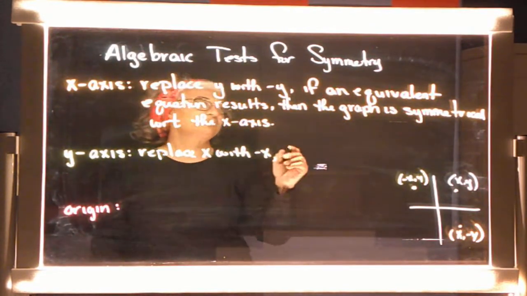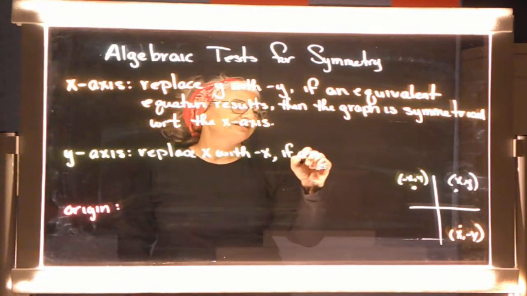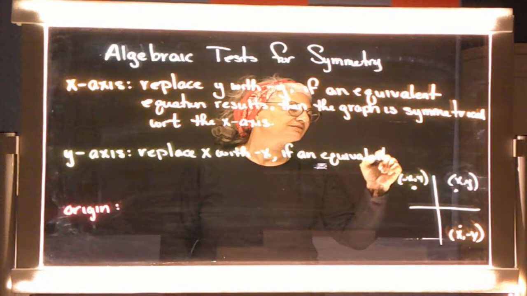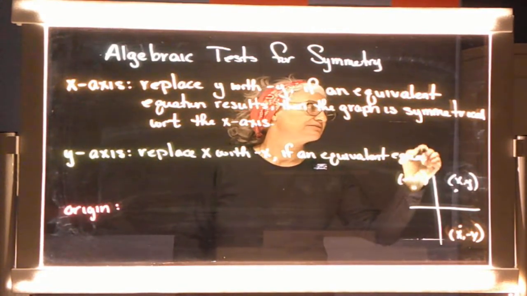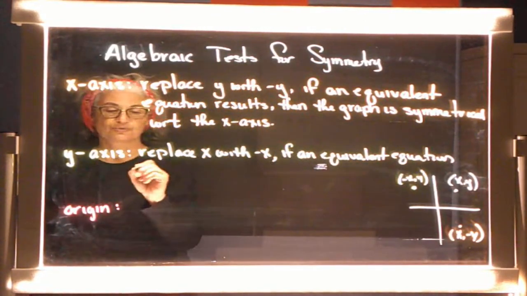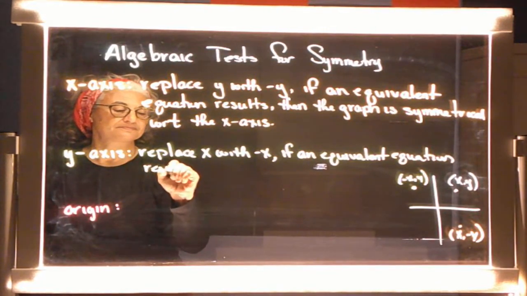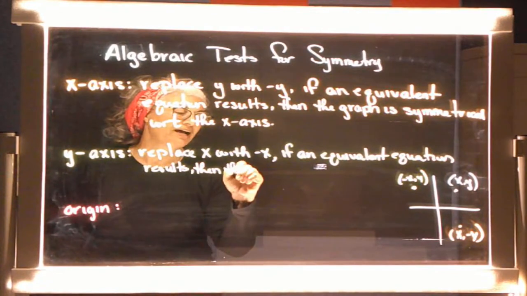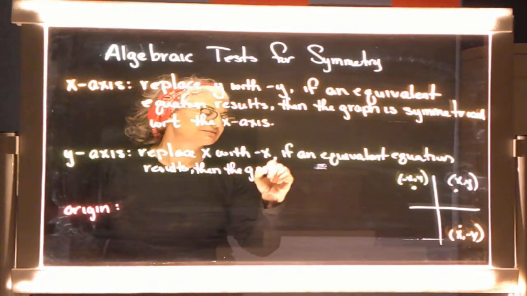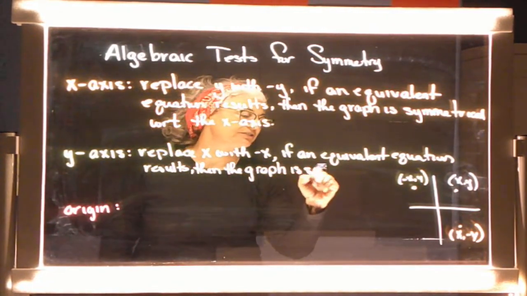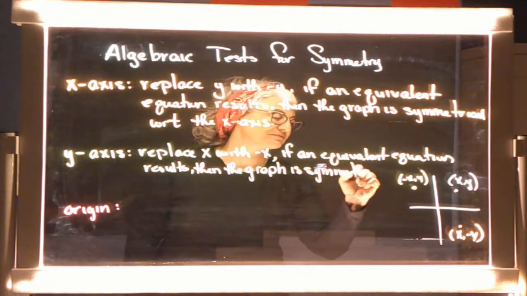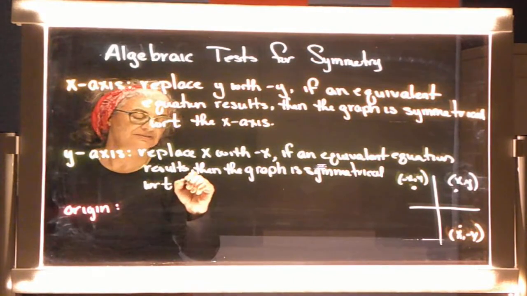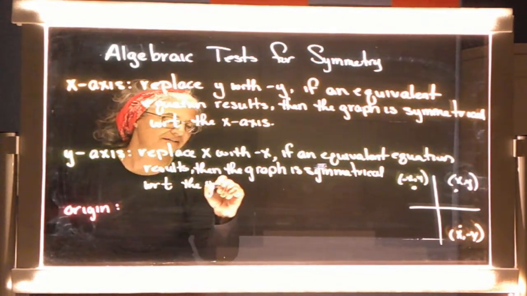So replace x with negative x, if an equivalent equation results, then the graph is symmetrical with respect to the y-axis.